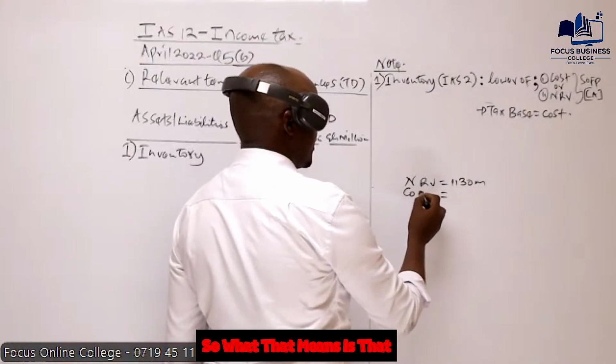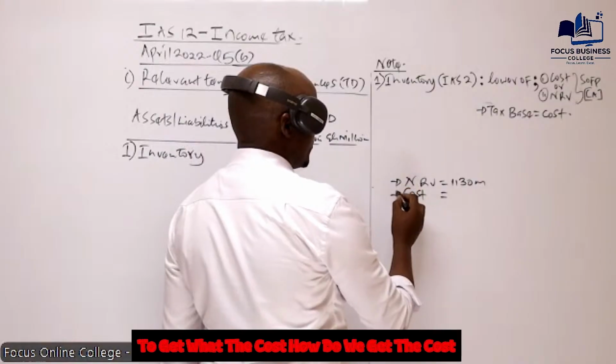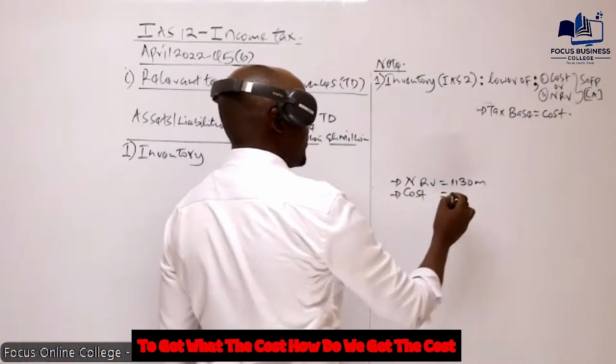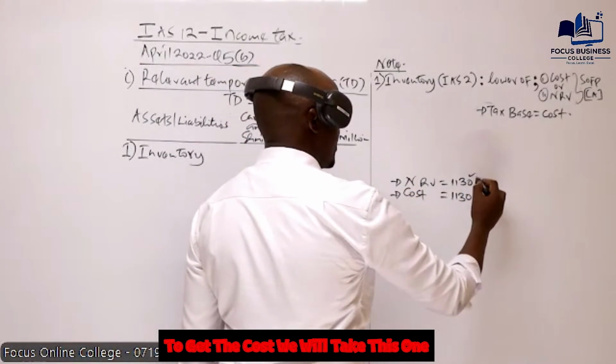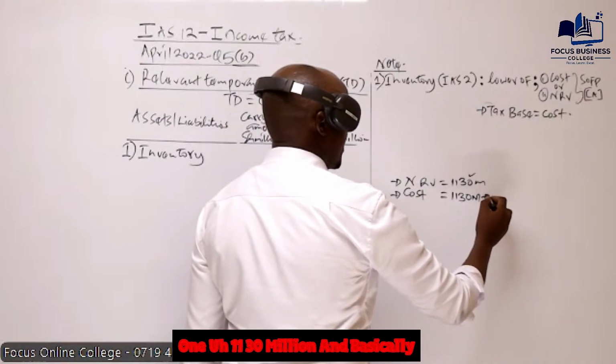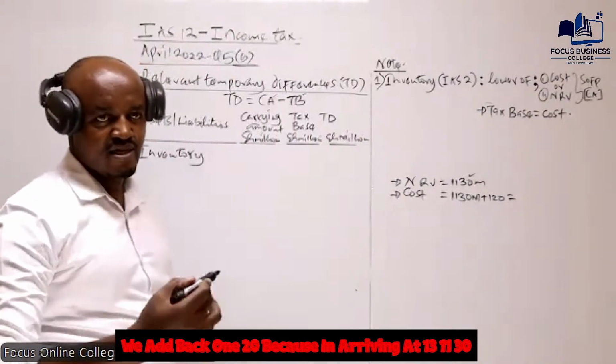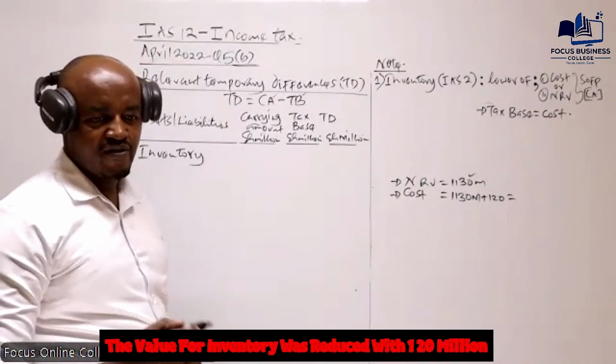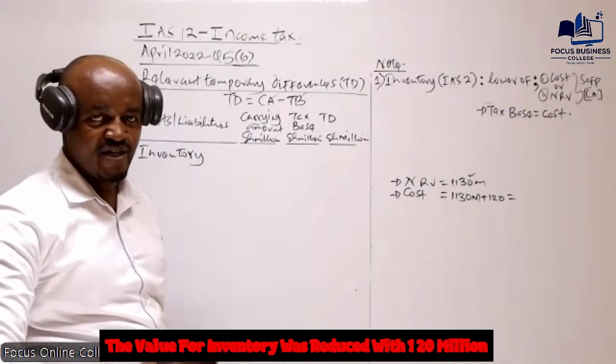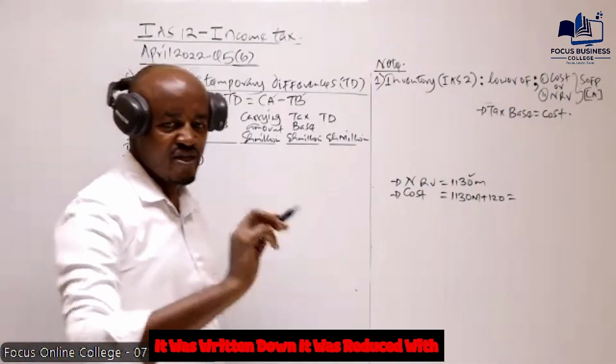So we are going to use that information to get the cost. To get the cost, we take this 1130 million and add back 120, because in arriving at 1130, the value for inventory was reduced by 120 million.